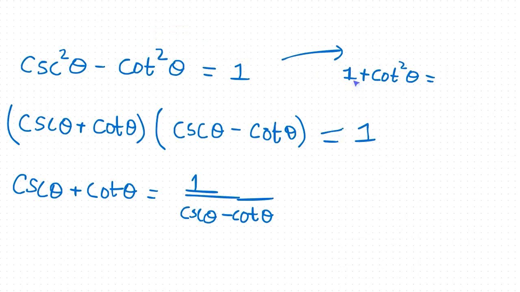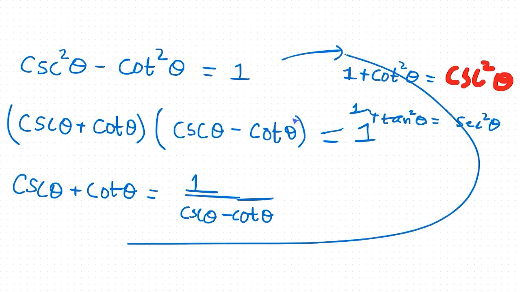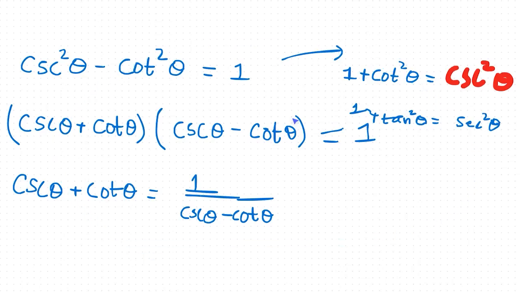Similarly, 1 plus tan square theta was sec square theta. The pattern is a bit similar, but it's important to remember those formulas. So whatever formulas we discussed so far are important.